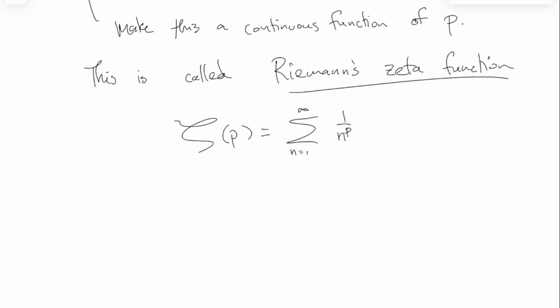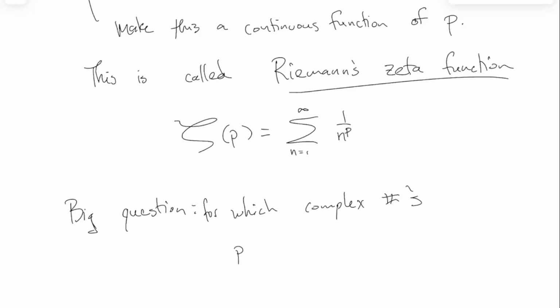And there's a big question, this is kind of far out: for which complex numbers p will zeta of p equal 0? If you plug an imaginary number in for p, it's actually possible for some of these terms to end up being negative, so that this sum sort of magically adds up to 0.